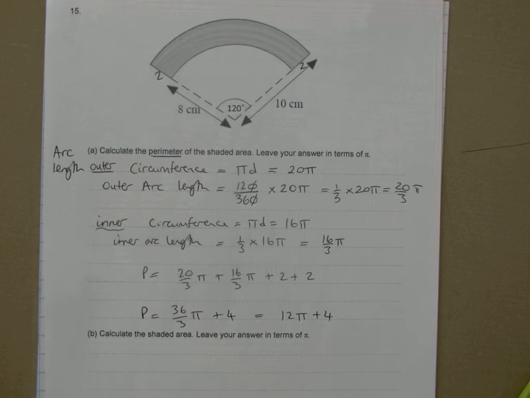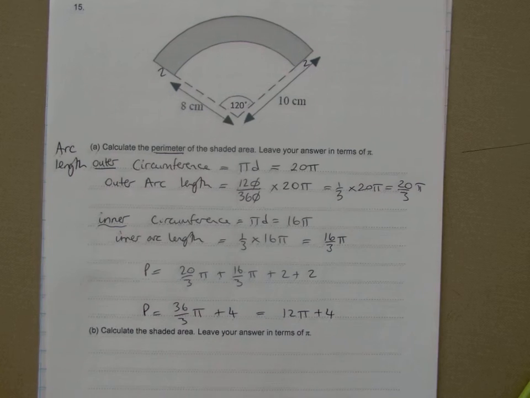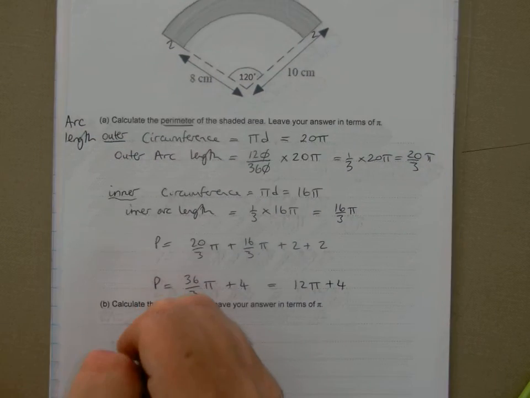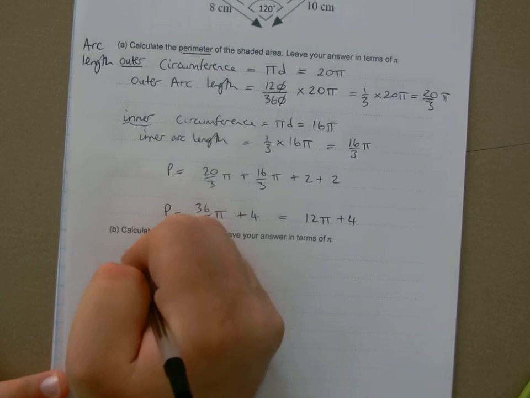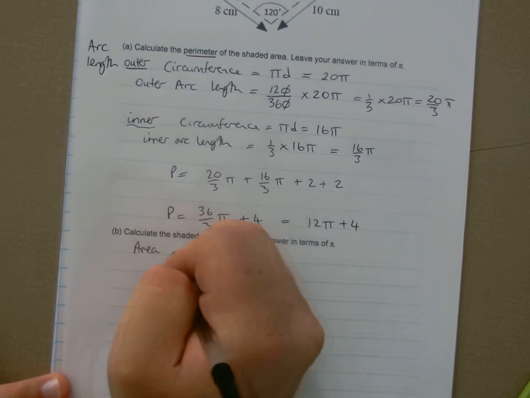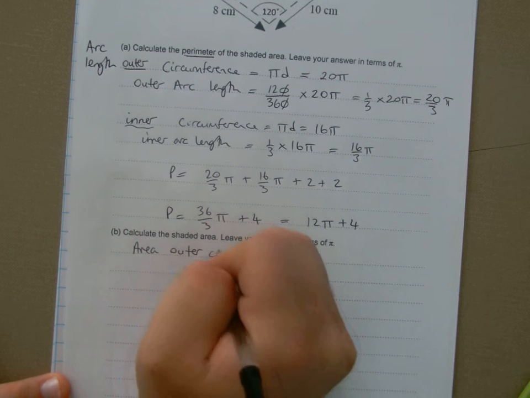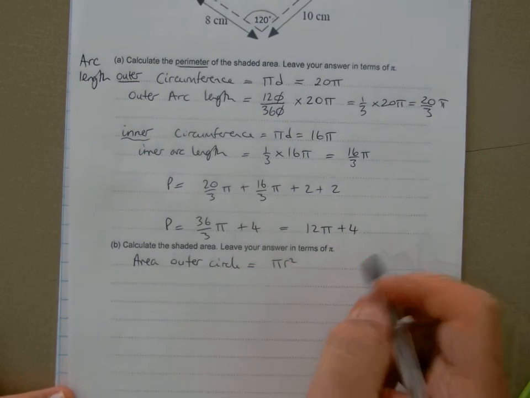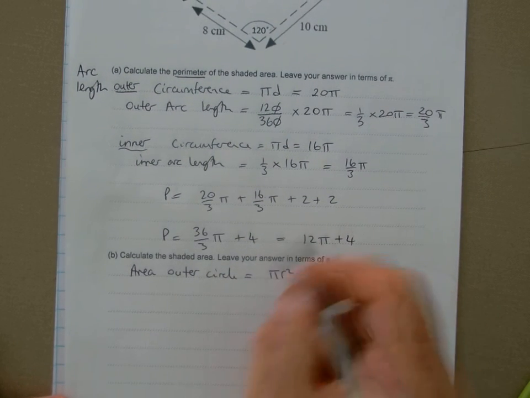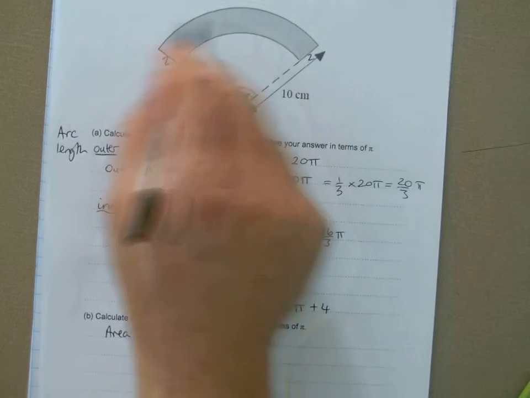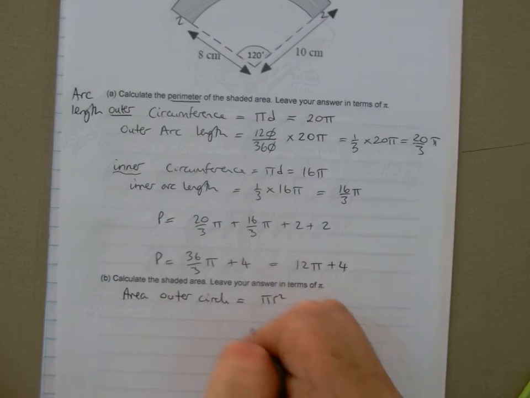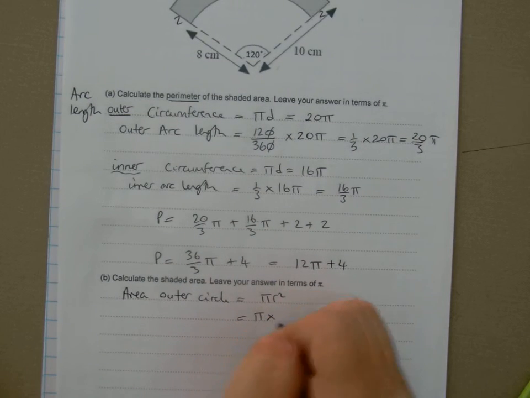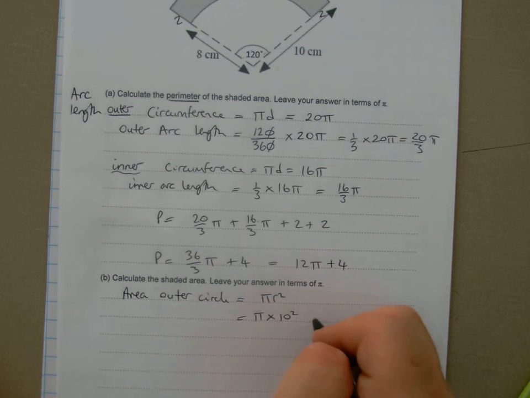Part B says calculate the shaded area, leave your answer in terms of pi. Again, we think about working out the area of the outer circle. That will be pi r squared, for the full circle, so pi times 10 squared, which is 100 pi.